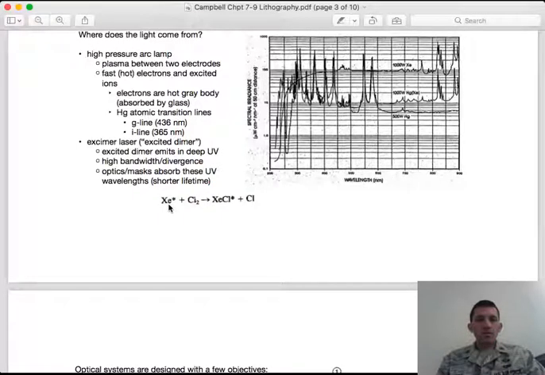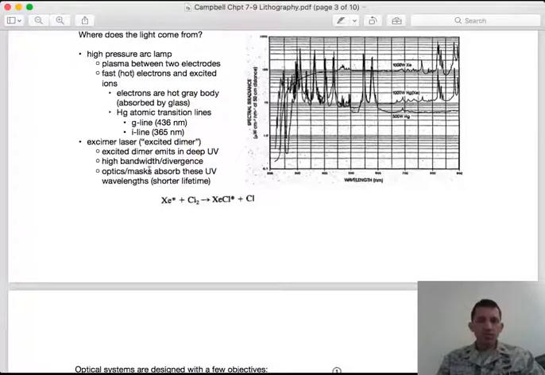When they subsequently react, you get a de-excited state and the emission of a photon. That photon is in the ultraviolet, right, at a lower wavelength than you get from the G or the I line, and we can use that to reduce your feature size.